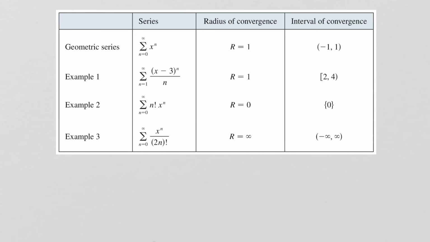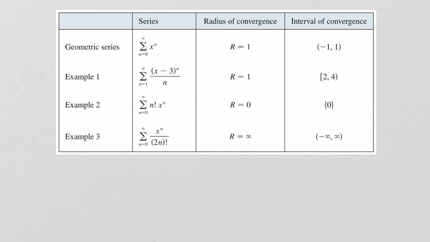So to summarize the examples that we've done so far, remember we talked about the geometric series first. The radius of convergence for that was 1. And the interval was all values in between 1 and -1. In example 1, as we just mentioned, the radius is 1, and the interval is all values in between 2 and 4, including 2.